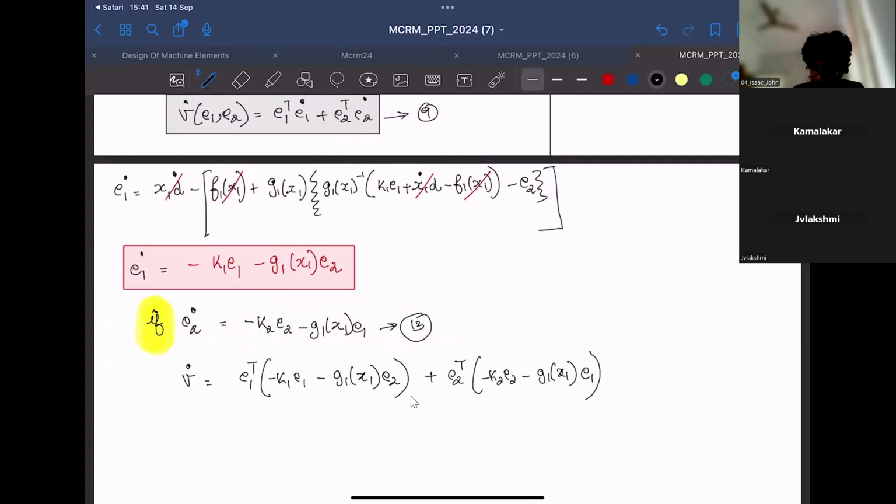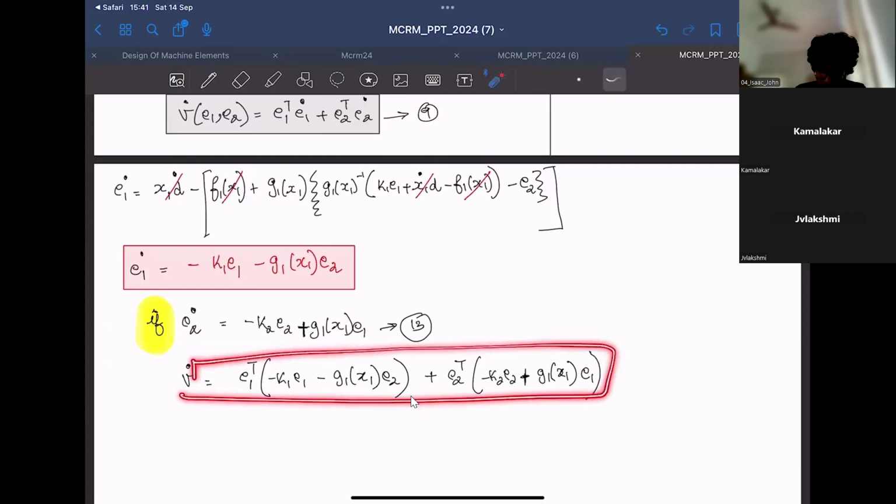Okay, so one thing: if E2 dot can be like this, now instead of minus, if there is a plus like this, this becomes a plus. So what happens if you expand this term?